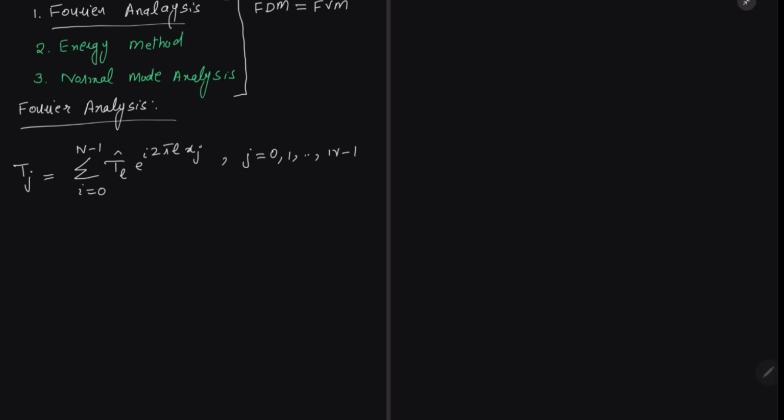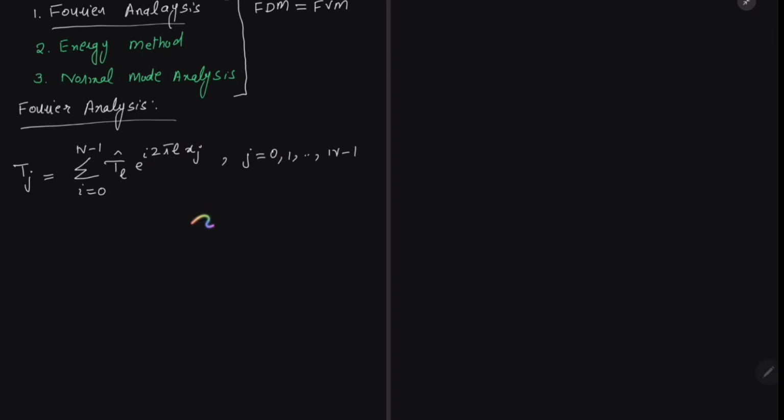So that's how we write the Fourier modes. These are called Fourier modes. Here, k is probably not visible, but k is this value over here. It is called the wave number. The k is 2 pi l, which is a wave number. And when we write this in terms of wave number k, then we can write t hat l equal to t hat k. So we put that value over here.